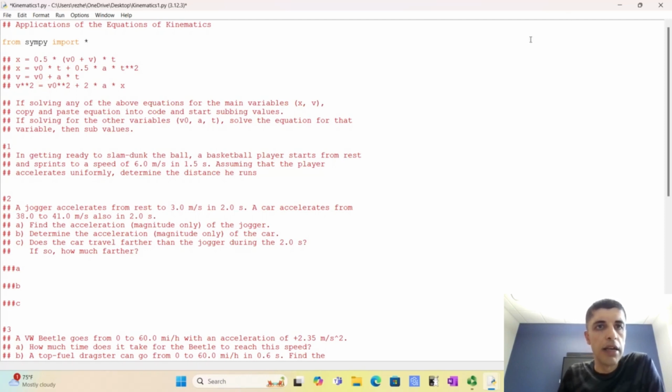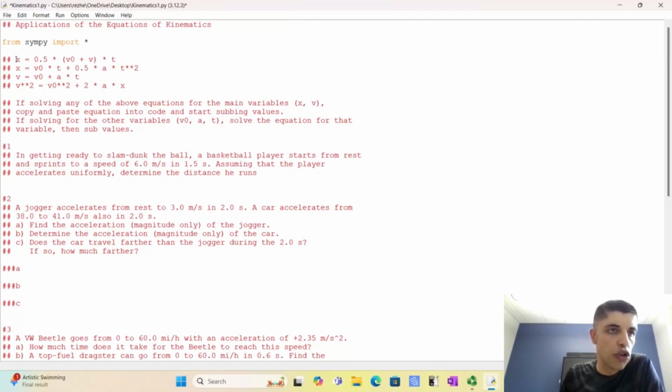I've already opened a new Python document in IDLE, obviously, that's what we're going to be using today. In the file I have made a comment: applications of kinematics, and then from SymPy I've imported everything, and then I've commented the equations that we will be using throughout this program.